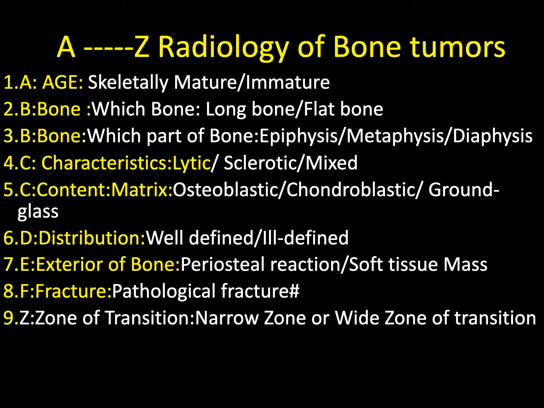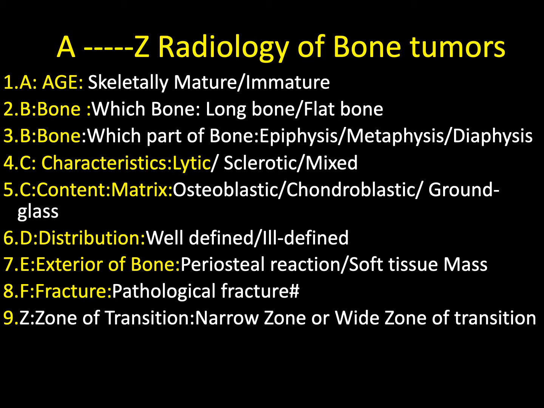That includes A, age of the patient, whether the patient is skeletally mature or immature, so whether it's a child or a grown-up person. B, bone, which bone is involved, so whether it's a long bone or flat bone. B, again bone, which part of the bone, whether it's epiphysis, metaphysis, or diaphysis. C is for characteristic, whether the lesion is osteolytic, osteosclerotic, or a mixed type of lesion.